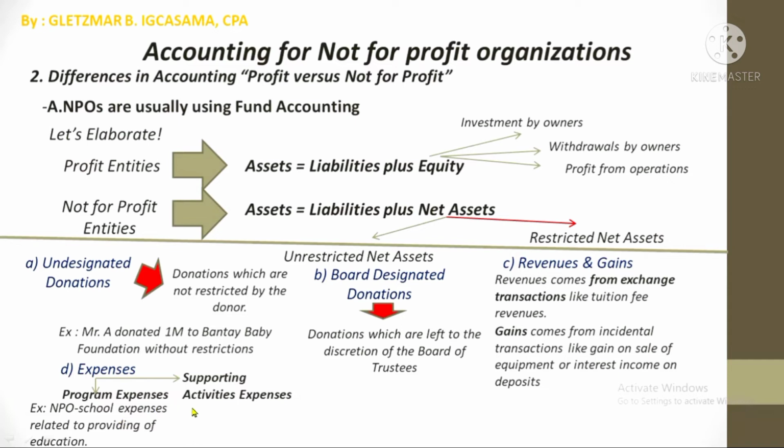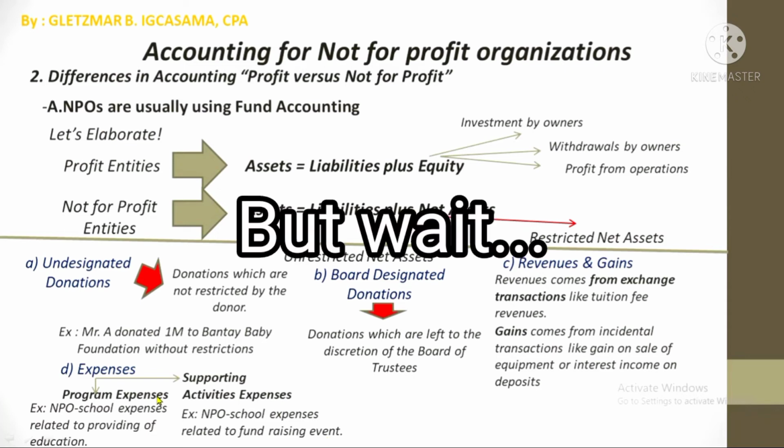Of course, supporting activities expenses are still incurred by the NPO, but their incurrence is not directly related to the mission of the NPO or not directly related to the main purpose or objective of the NPO for which it was created. So examples are expenses from fundraising activities and general and administrative expenses.